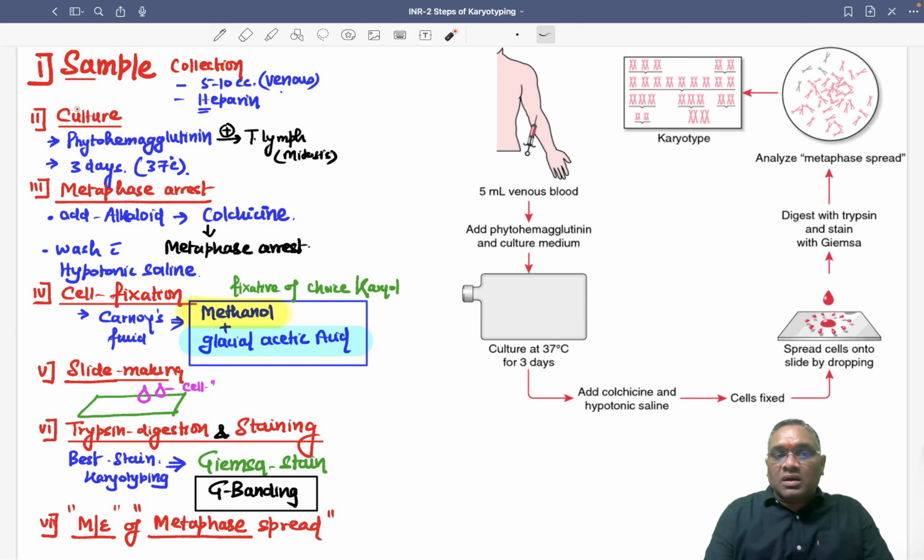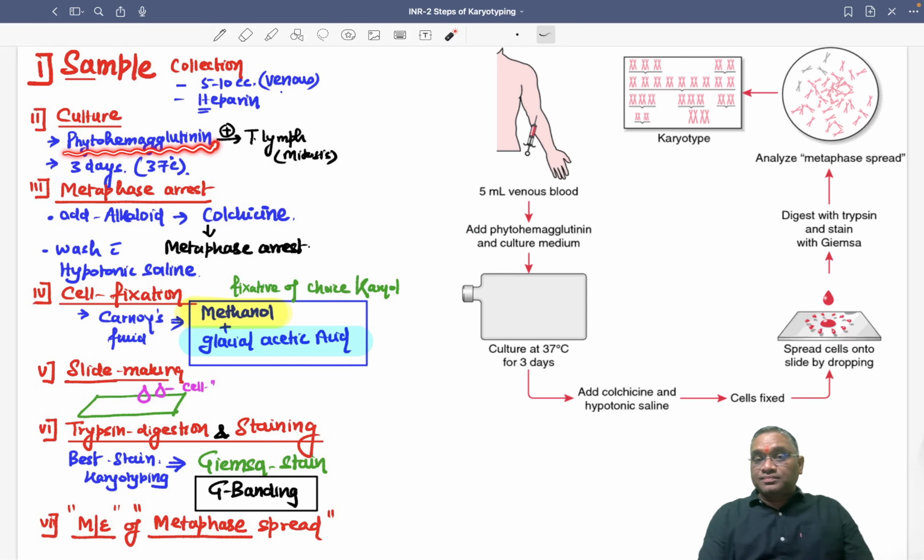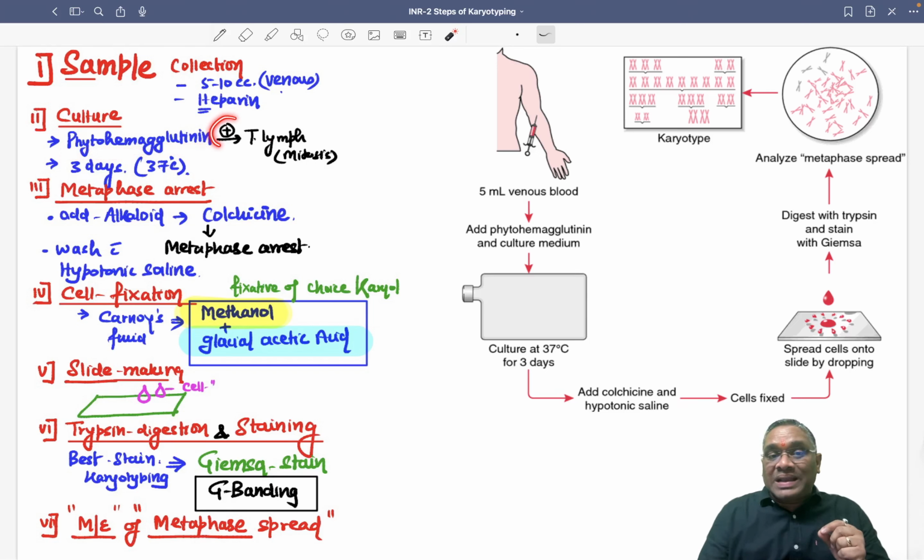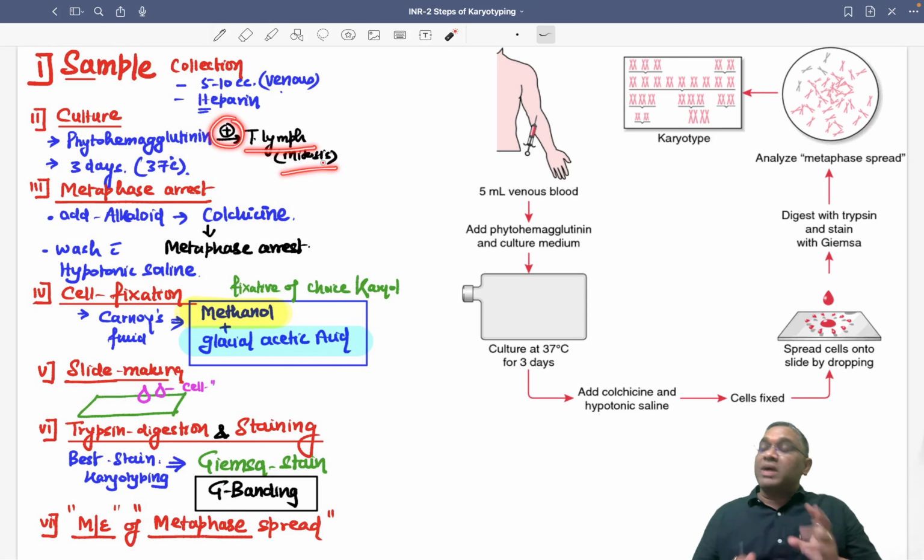The second step is culture. After collecting this, we are going to culture this blood sample, and in that culture we will add phytohemagglutinin. Remember why we are adding phytohemagglutinin? Because it will activate T lymphocyte mitosis.